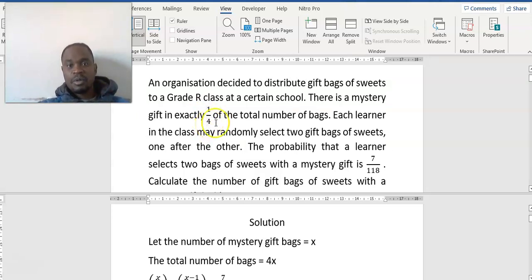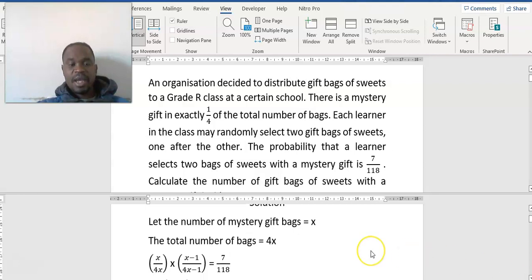So here, if the mystery gift bags are x, which we want to calculate, it means the total number of bags is going to be 4 times x, 4x. Are we together?